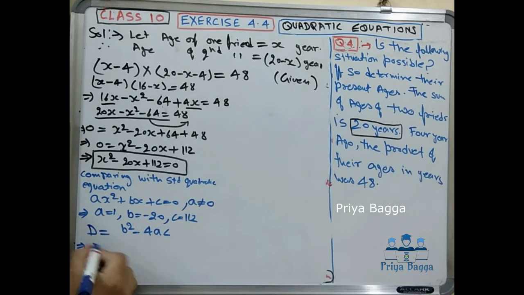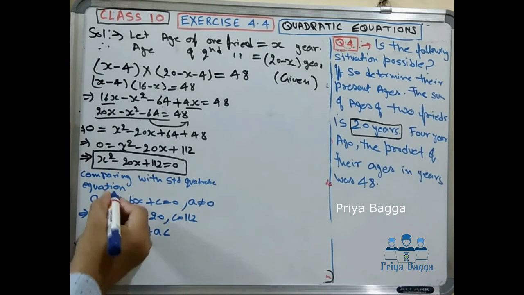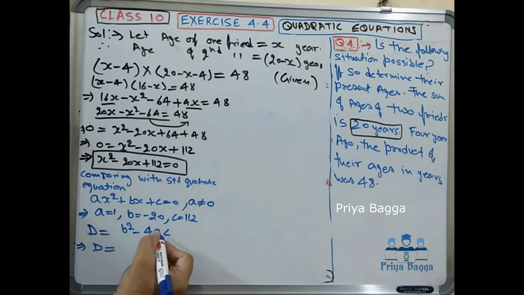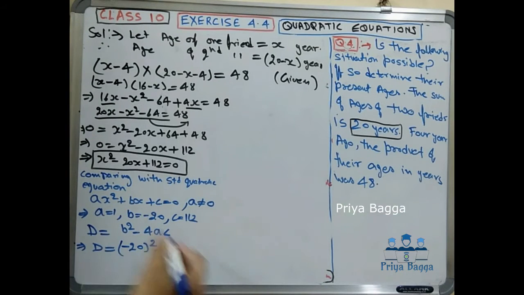So D is equal to, I will put the values of a, b and c into this expression. b is minus 20, its square, minus 4 into a, a is 1, c is 112.